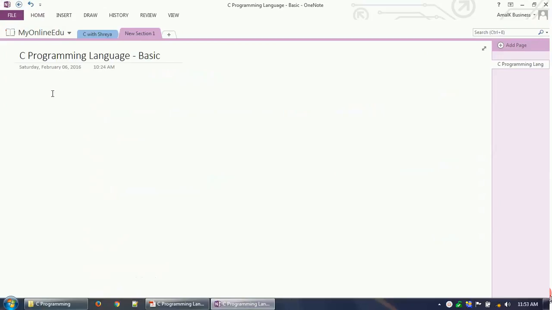The first one is the machine language, and then the assembly language, and then the high level language.